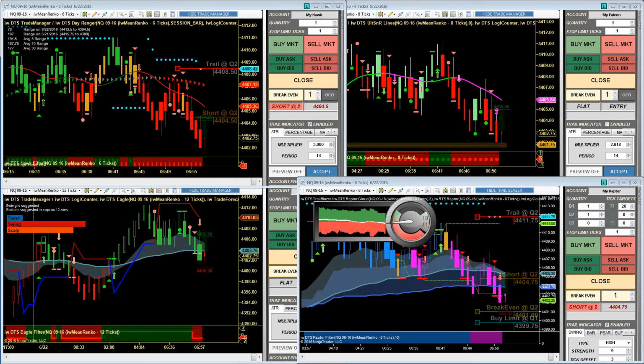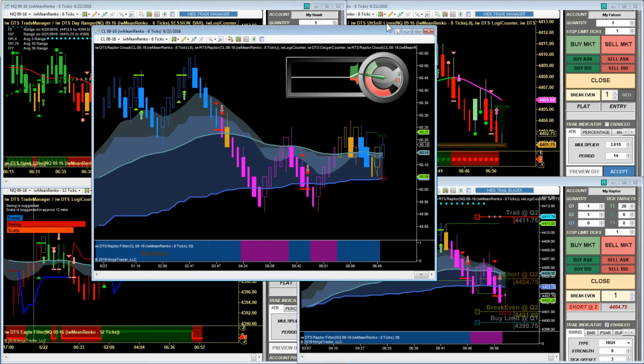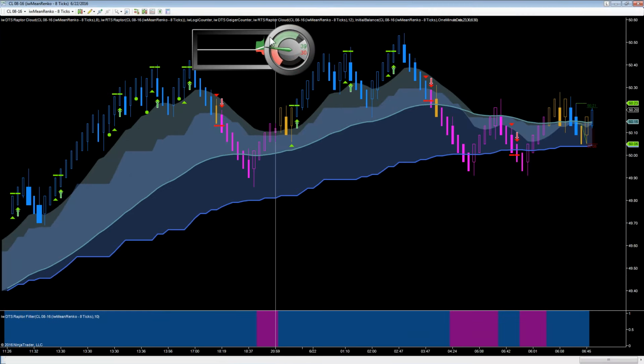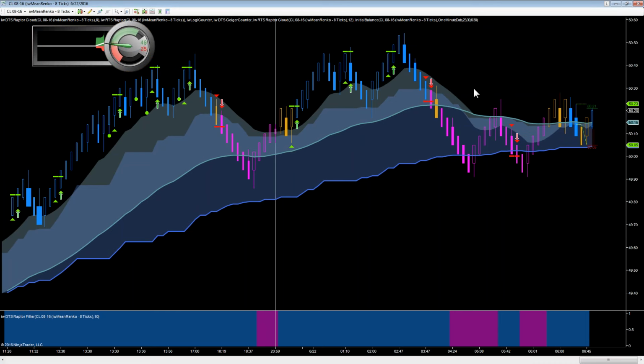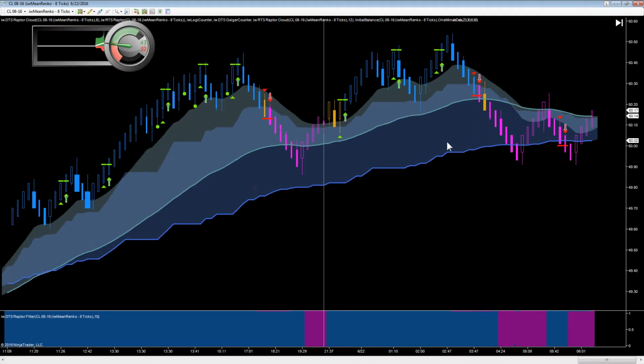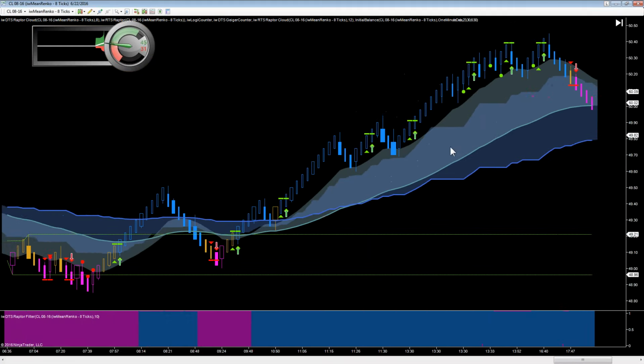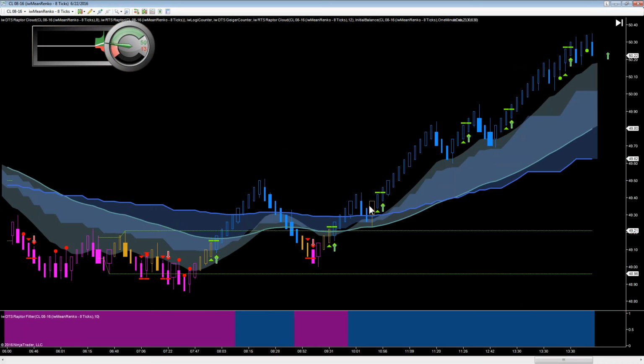All right, so here's crude oil now on the Raptor. I didn't go over the high probability signals with the Raptor. Again, it's not as confusing as it might look. We tend to look for, well, here's a high probability signal. This is what we call a cloud crossover signal.